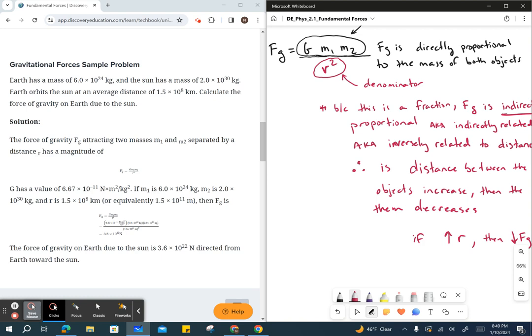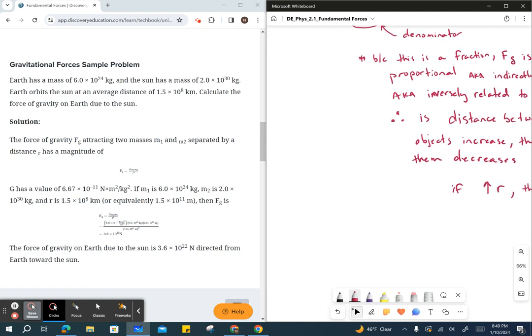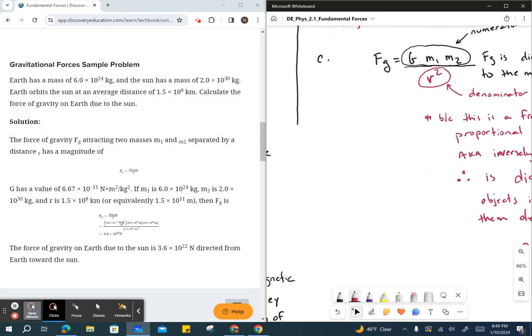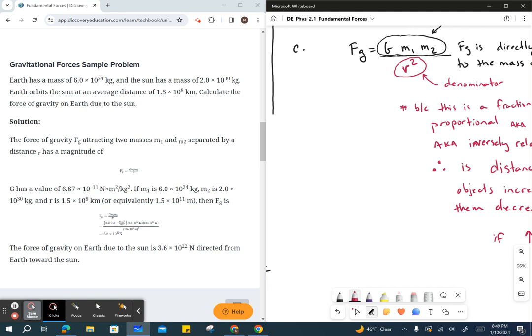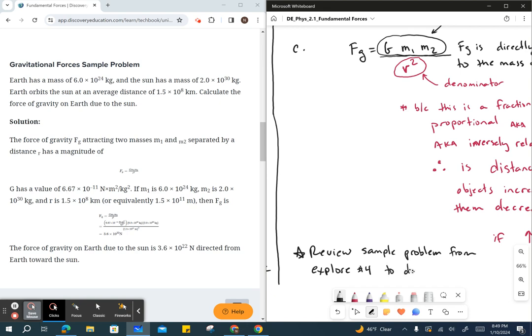Again, you are going to need to look at this gravitational forces sample problem. So I'm going to put a little star there. This is going to be letter D. I'll put: review sample problem from Explore number 4 to do homework problems.